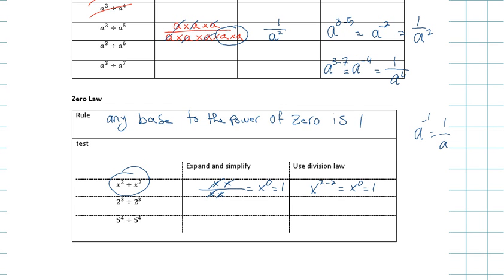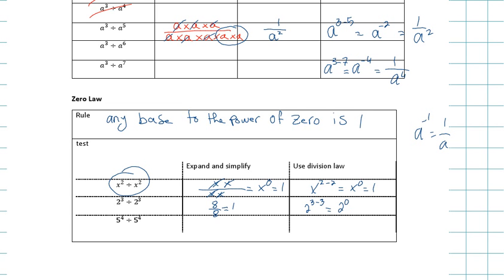Two to the power of 3 is 8, right? What's 8 divided by 8? 1. I want to use the division law. I subtract my exponent. So that's 2 to the power of 0, which is 1.